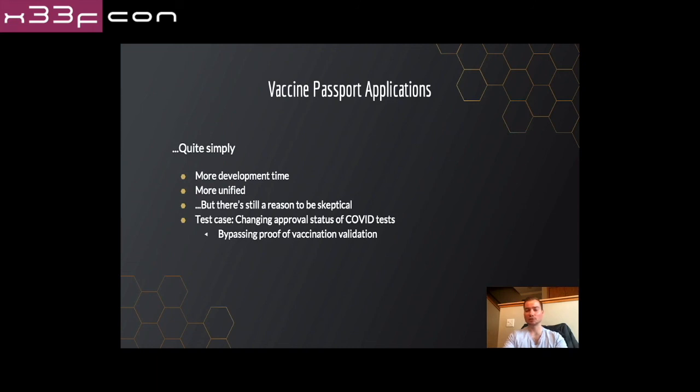They're also more unified, meaning that a whole region such as the European Union is only relying on one application versus a multitude. But there's still a reason to be skeptical because of the development approach we've seen for the contact tracing applications. Despite there being more time, it doesn't necessarily mean that development has included security practices and processes.